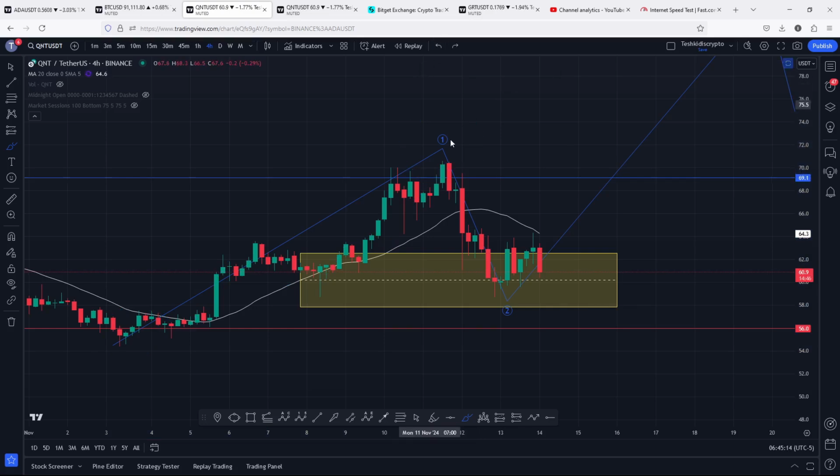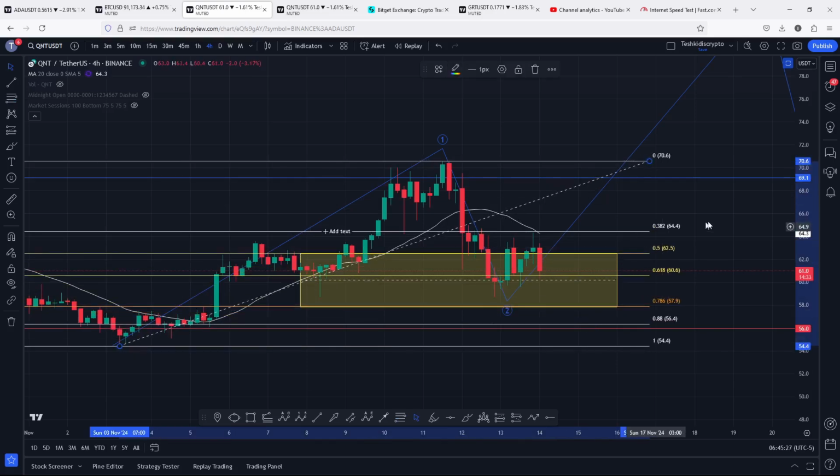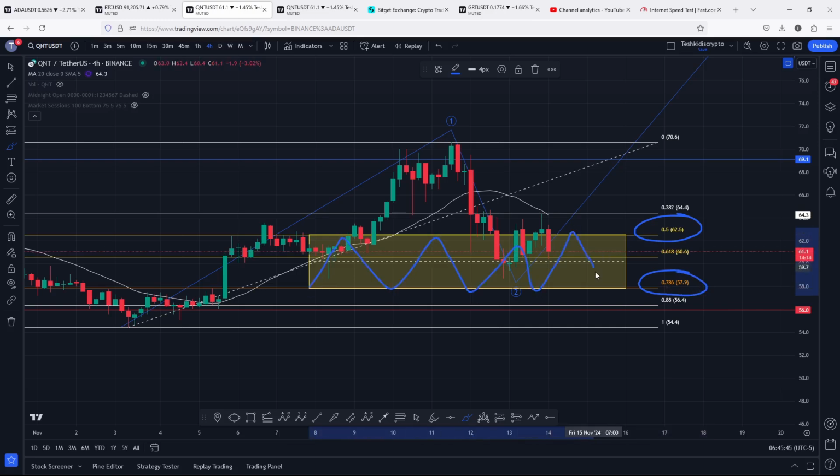Then we started a corrective structure to the lower side in the formation of a corrective Elliott Wave count 2, whose minimum target areas can be given by connecting the fibs from the low of the first wave to the high of this Elliott Wave count 1, giving me a minimum pullback target area for the second wave between the fib level 0.5 and the fib level 0.78, and that is between the 62.5 and the $57.9, the area that I have marked here on the charts using these yellow markings.